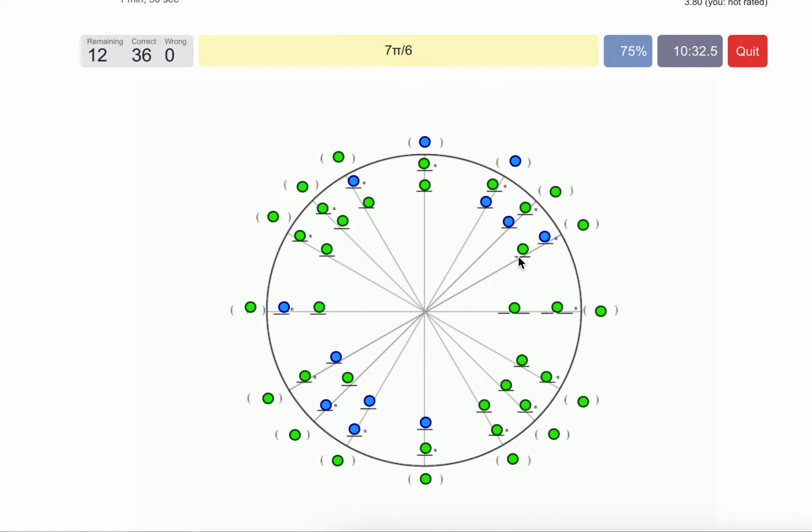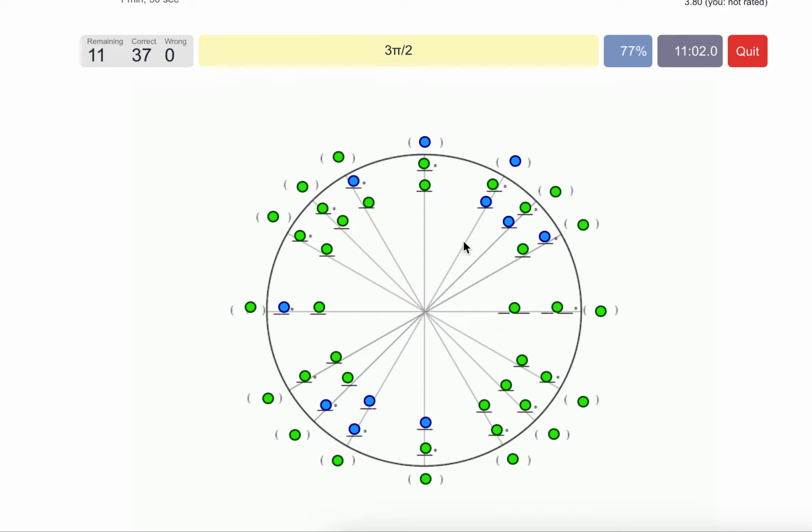And here we count the pi over 6's again, so 1 pi over 6, 2 pi over 6, 3 pi over 6, 4 pi over 6, 5 pi over 6, 6 pi over 6, 7 pi over 6, right here. And all the other ones are, like, this is 2 pi over 6, it's just simplified when you actually look at it.